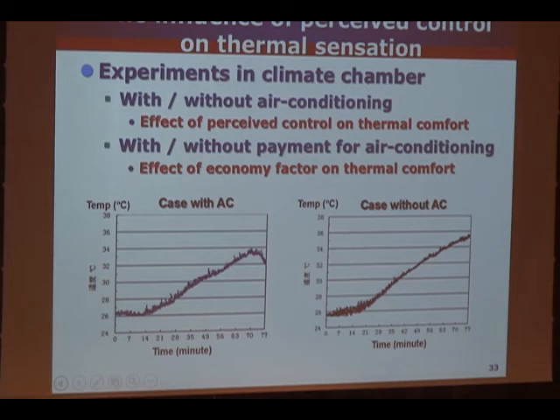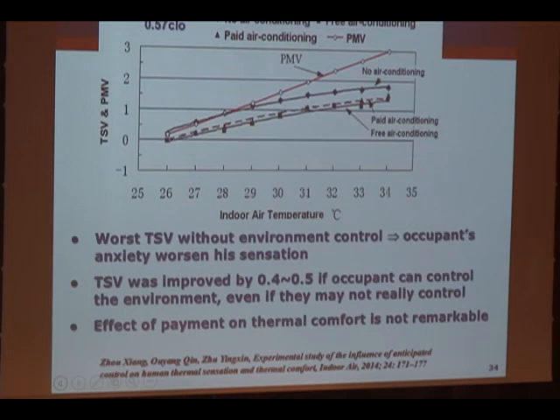And another group also has cooling, but if you use cooling there, you have to pay. The result shows that with no cooling, at the same temperature, people vote higher. With cooling, people vote lower. For the paid air conditioning, a little bit higher than the free air conditioning.